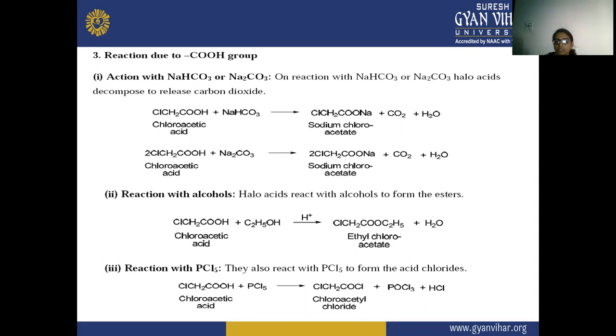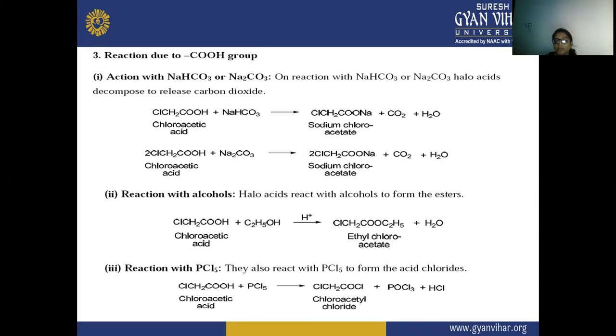So this is chloroacetic acid, and when chloroacetic acid is reacted with sodium bicarbonate, there is a formation of sodium chloroacetate, plus CO2 is released, plus H2O is formed. So a salt of the halo acid is formed.